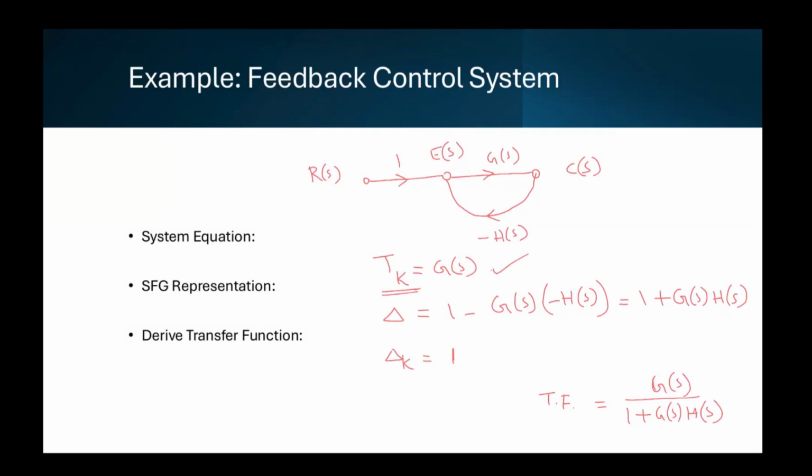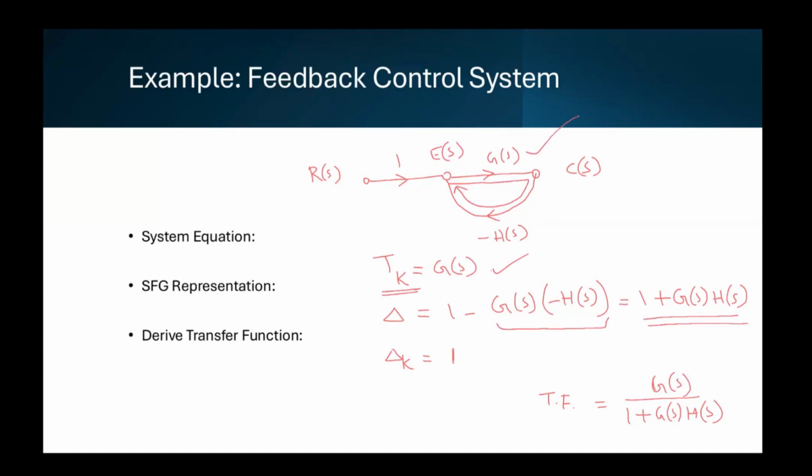That is 1 minus the summation of the loop gains. Here there is only one loop, and the gain of that loop is G of s into minus H of s. So we get 1 plus G of s H of s.